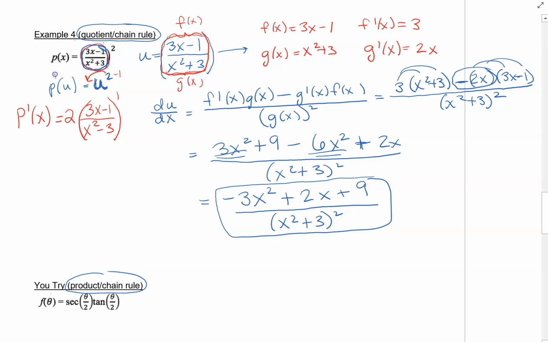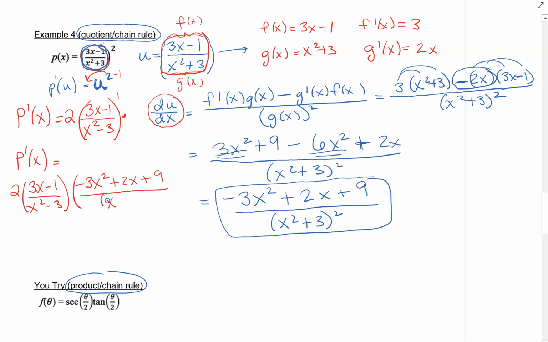That was p prime of u. But now I have to multiply by the derivative of u, which is all of this. I didn't leave myself enough room. Let me write this again. So altogether I get 2 times 3x minus 1 over x squared plus 3 times all of that, negative 3x squared plus 2x plus 9 all over x squared plus 3 squared.